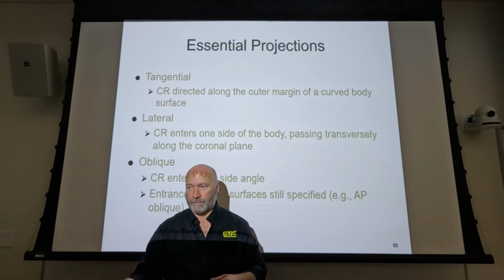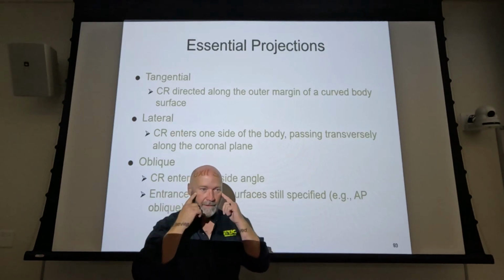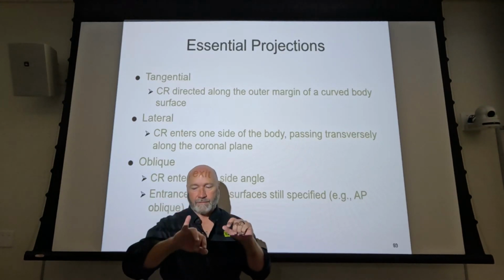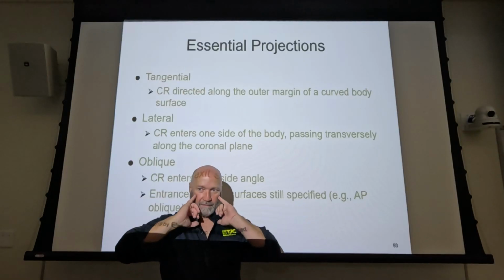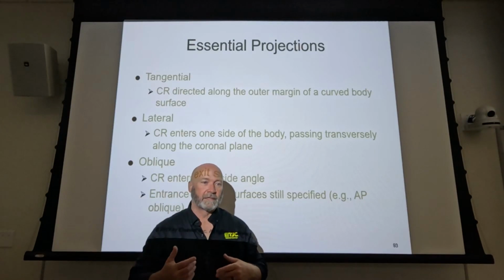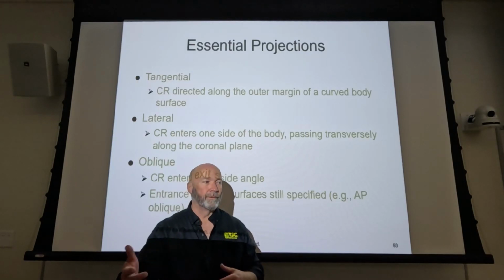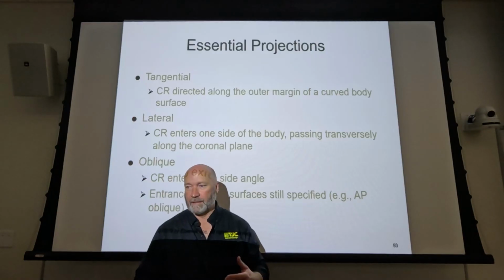That's a tangential, okay? Cheekbones. What forms your cheekbone is this little bitty skinny bone, smaller than your pinky finger, that connects two different bones. In all views of the skull, except for a tangential, you can't see it all by itself. You can see it superimposed on things, but not by itself.